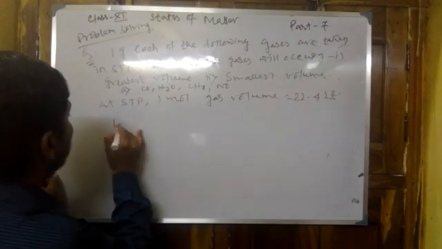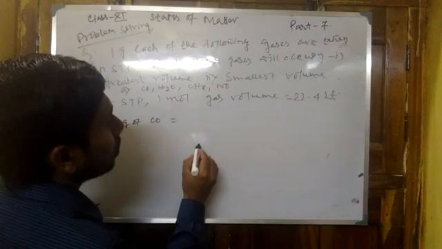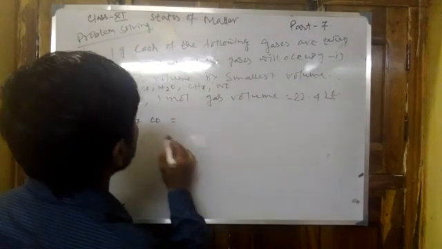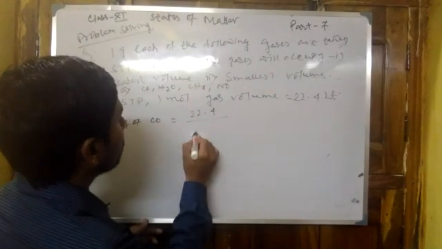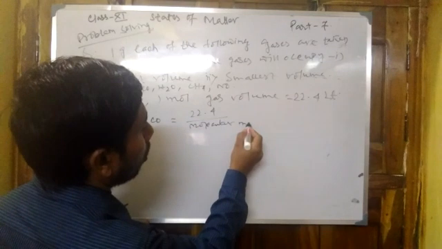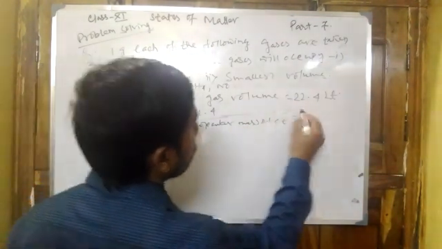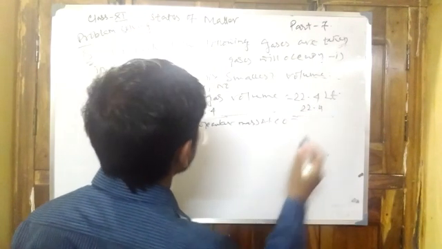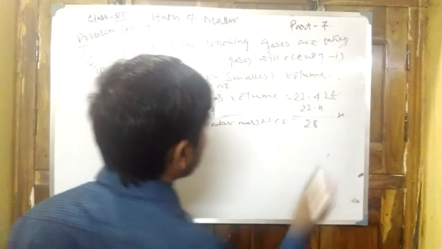So 1 gram of CO will occupy 22.4 divided by the molecular mass of CO, which is 22.4 divided by 28 liter.